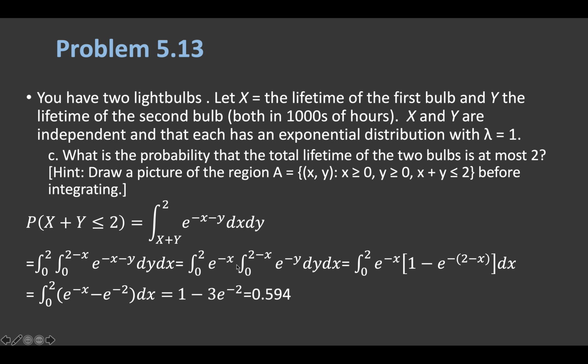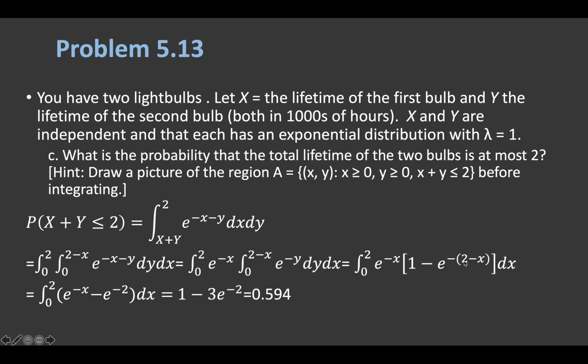I just take the x out, because when I integrate on y, I'm doing no operation on x. I do the integral for this part first, and it becomes 1 minus e to the negative 2 minus x.